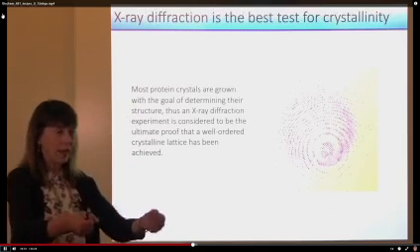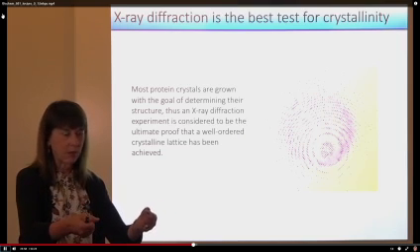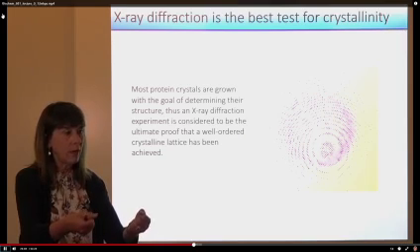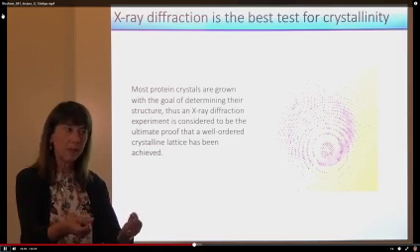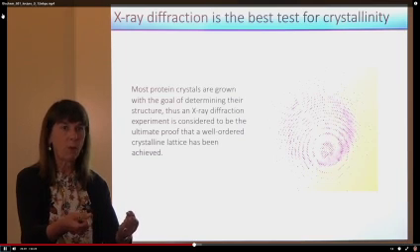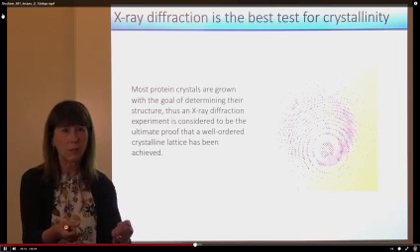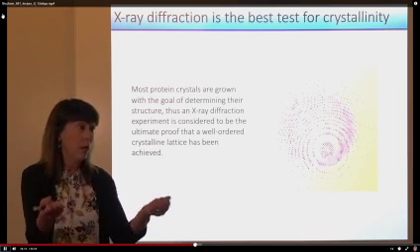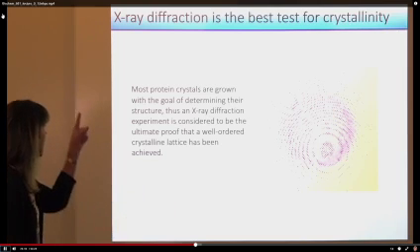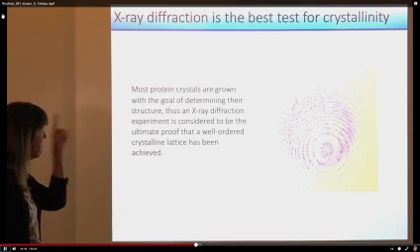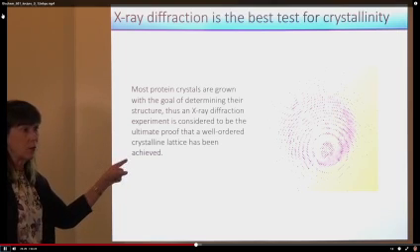Now, you go in and you're looking at your crystallization trials and your trays, and you're all excited, and you got a crystal. Well, you have to be careful, because sometimes you get crystals of small molecules. For example, magnesium phosphate makes really pretty crystals, but the structure of magnesium phosphate is already solved. So X-ray diffraction is the best test for whether you have protein crystals or not.